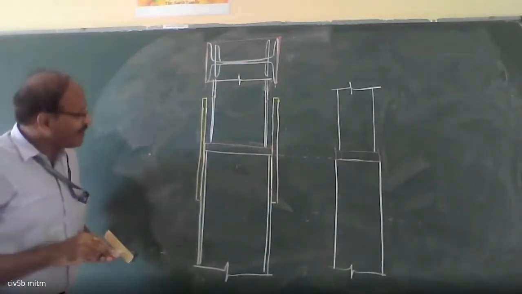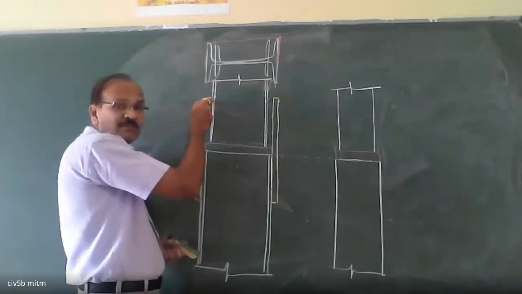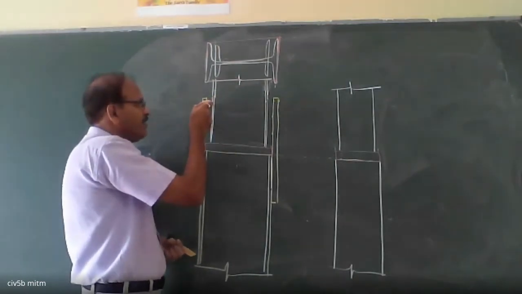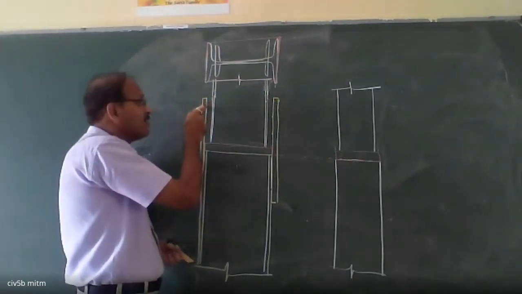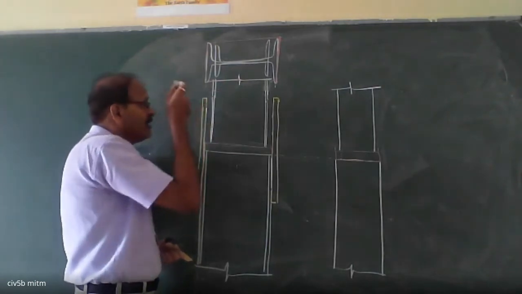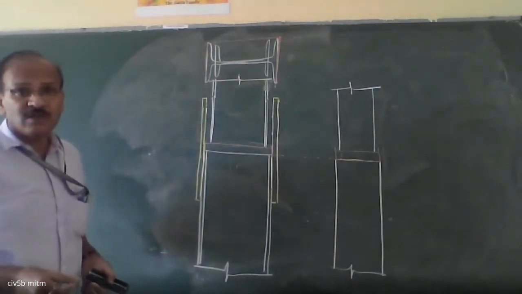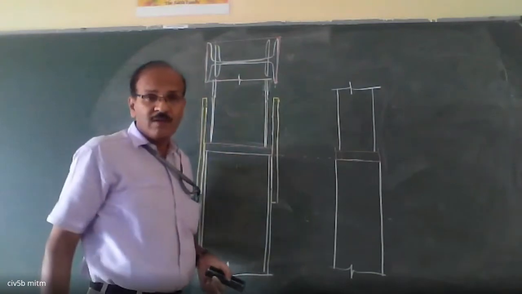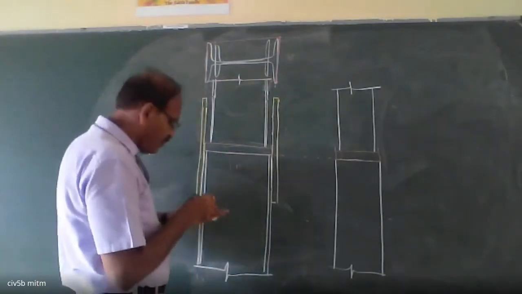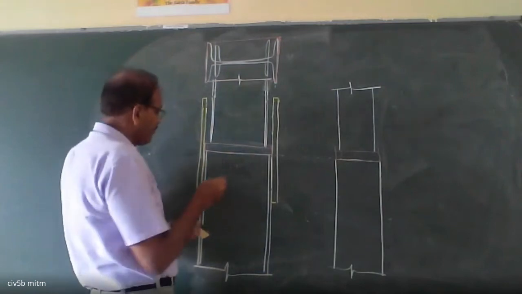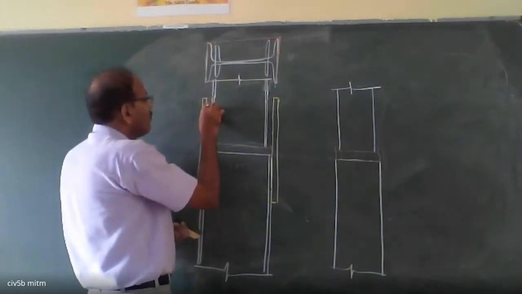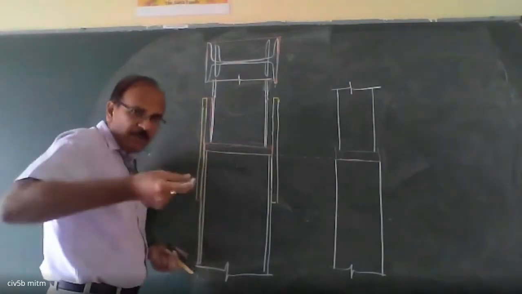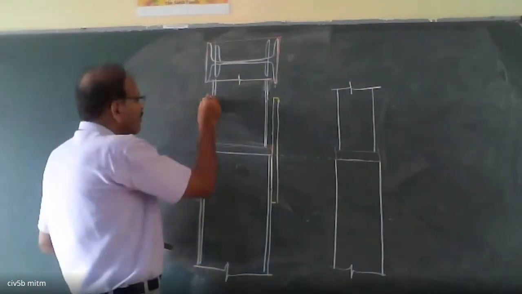Okay, but there is some gap here. Look here, there is a gap between this splice and one of the flanges of the I section. Here also the same thing. For that, what we do is we are going to fill up this gap with a steel plate of the required thickness.